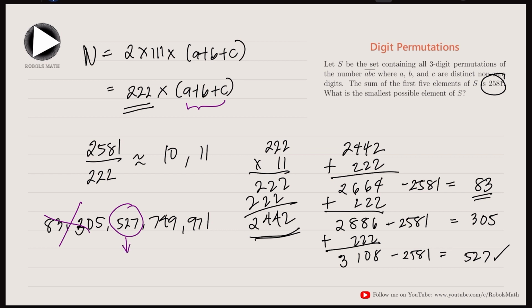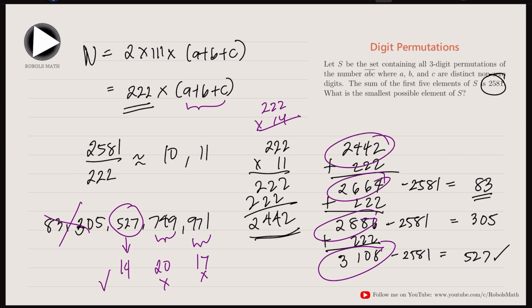For example, 527, the digit sum of this is 14. This is 20. This is 17. So if we multiply 222 times 14, we get 3108. So this is correct. Meanwhile, for these two, this will not give you the numbers that we obtained in the process. So not all of these three are valid, and only 527 is the valid number among these possible numbers.